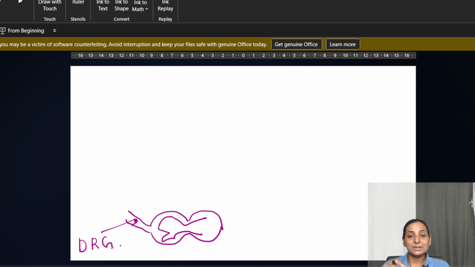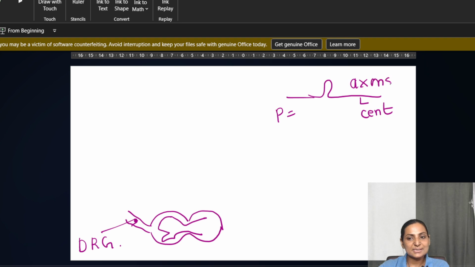It is a pseudo unipolar neuron. What is a pseudo unipolar neuron? It is like this. There is one axon which is coming from the periphery, and there is another axon which is going towards the center. So it has no dendrites. Both of these are axons, and therefore it is called a pseudo unipolar neuron, right?